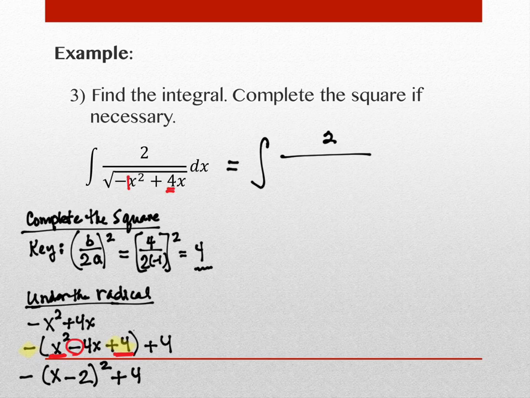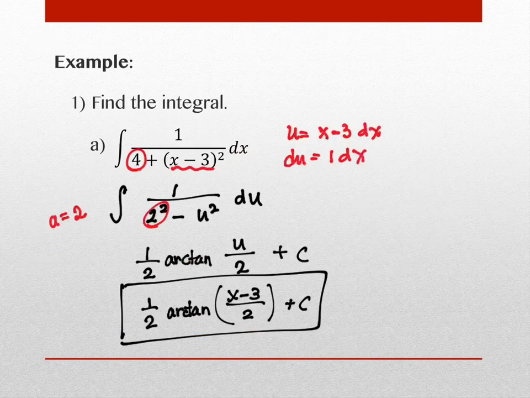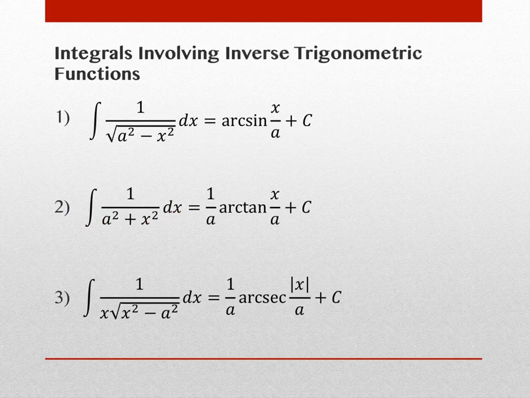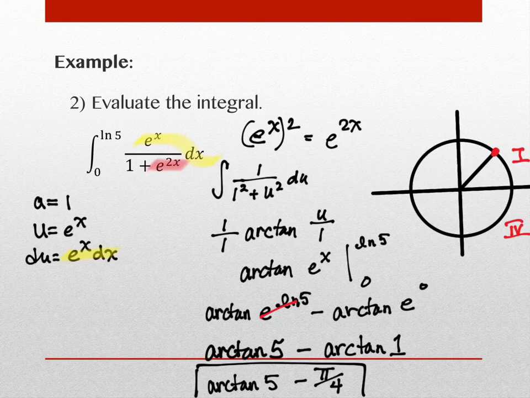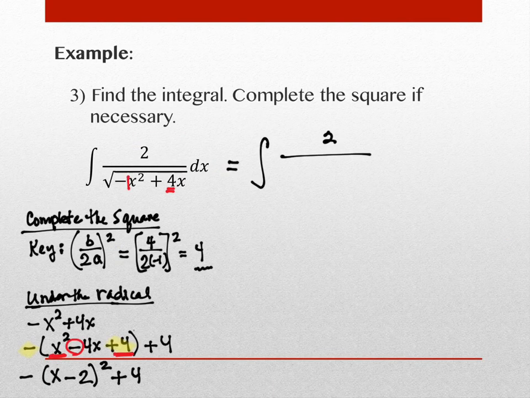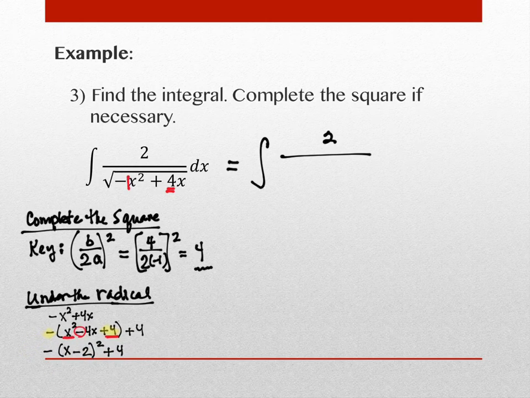Now, the form, if you'll notice over here, has the constant being squared at the beginning and the variable component at the end on number 1, right? Constant squared at the beginning, variable component at the end. So I'm going to rewrite this piece. There it is. That's underneath the radical. With the constant at the beginning, that's my 4.